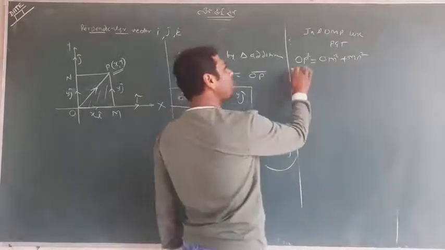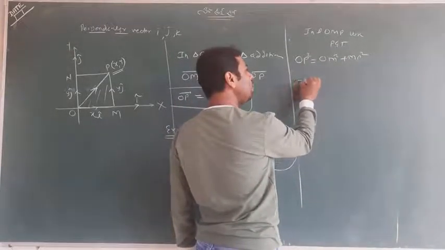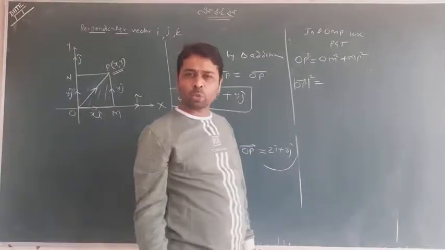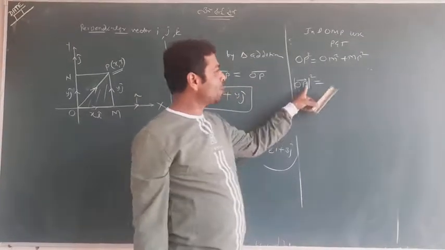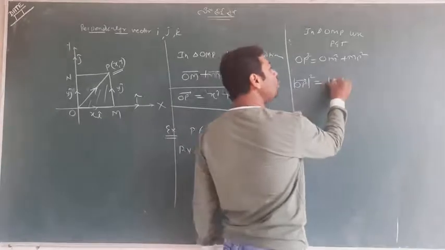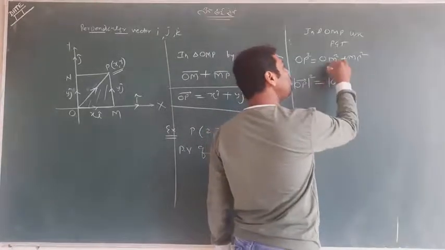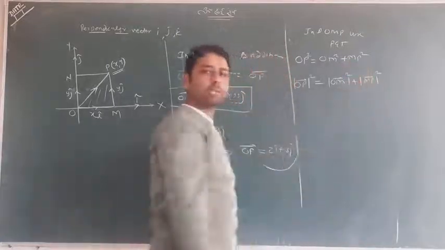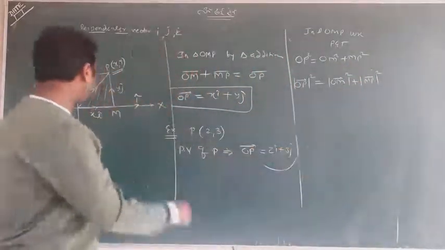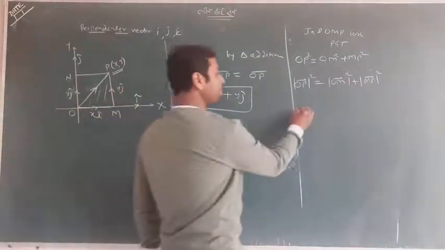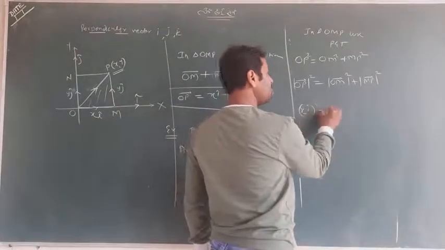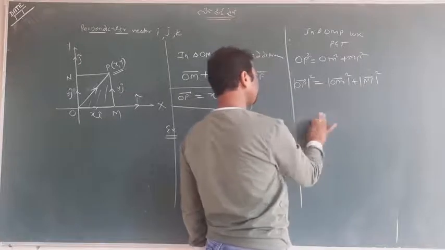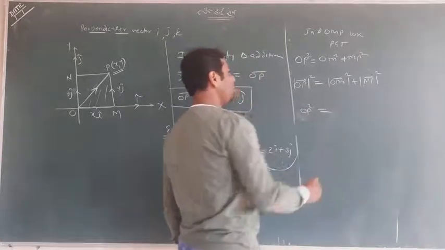Okay, can I write OP square as OP square? Because I taught you the square of any vector is the square of its mod. OP vector squared means OP square, OM vector squared is actually OM square, and MP vector squared means MP square. What about OP?